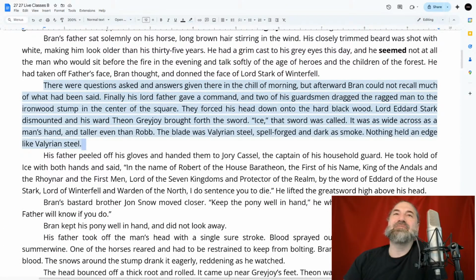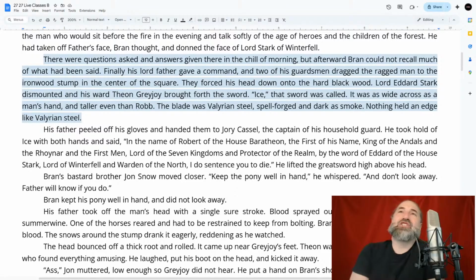All right, so let's do it. There were questions asked and answers given there in the chill of morning, but afterward Bran could not recall much of what had been said. Finally, his Lord Father gave a command, and 2 of his guardsmen dragged the ragged man to the ironwood stump in the center of the square. They forced his head down onto the hard black wood. Lord Eddard Stark dismounted, and his ward, Theon Greyjoy, brought forth the sword, Ice.